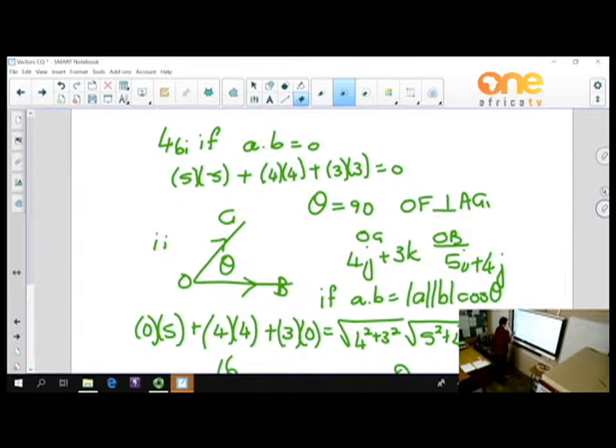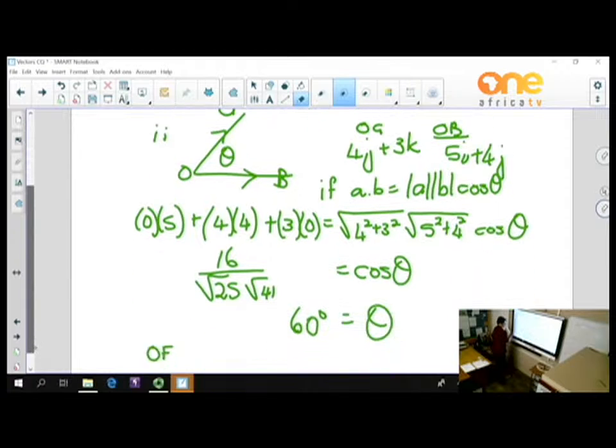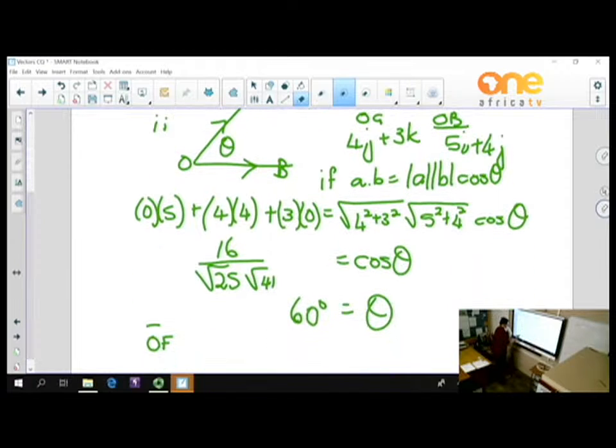So this is now here. OF. The midpoint, so a half of 5 is then 2.5i, and a half of 4 is 2j, and a half of 3 is 1.5k. So that is the midpoint of that one.